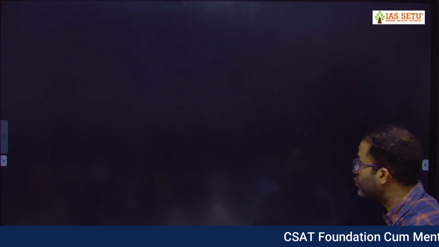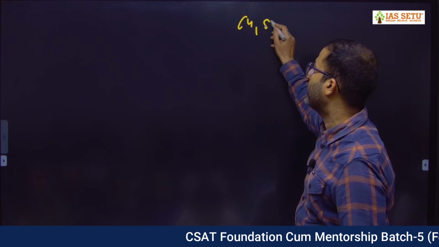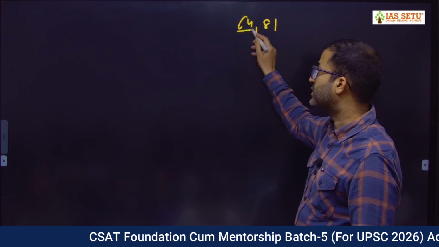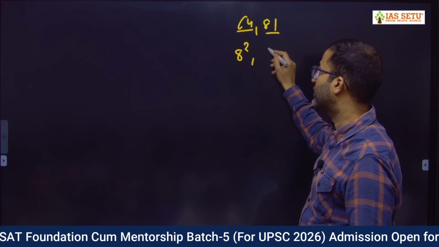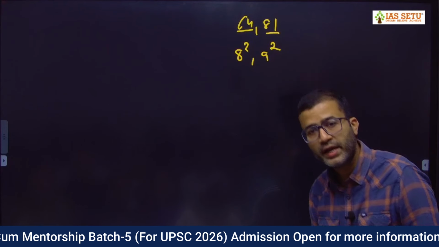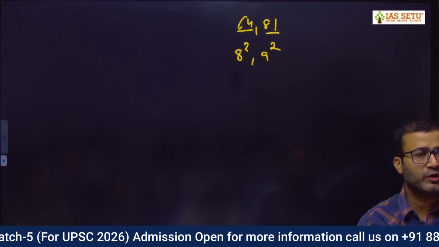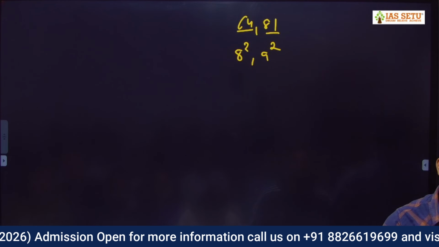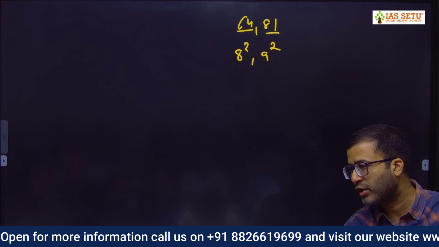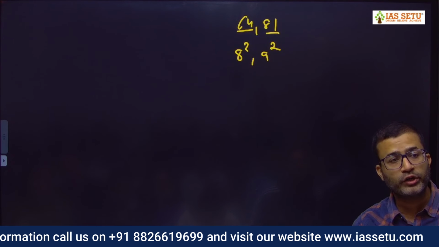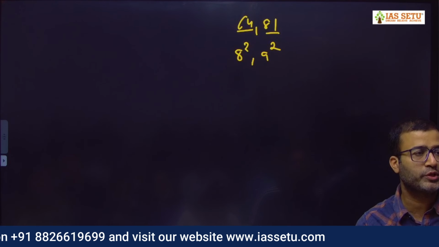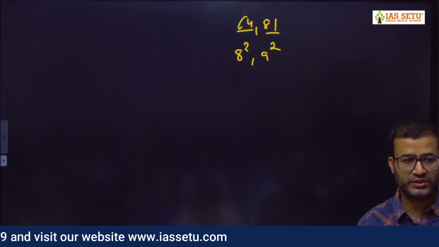So I ask you about 64 and 81. It is 8 square, and this is 9 square. 8 and 9 are co-prime because they are 2 consecutive natural numbers. If 8 and 9 are co-prime, 8 square and 9 square have to be co-prime. Don't waste energy.